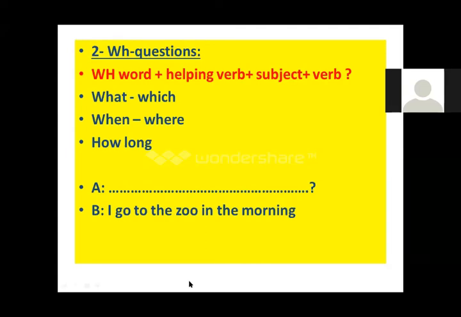Here you can ask two questions. First, you can ask about the zoo. Zoo, you will ask about the place. When you ask about the place, we put the WH word where. So number 1, we delete zoo and we write where.